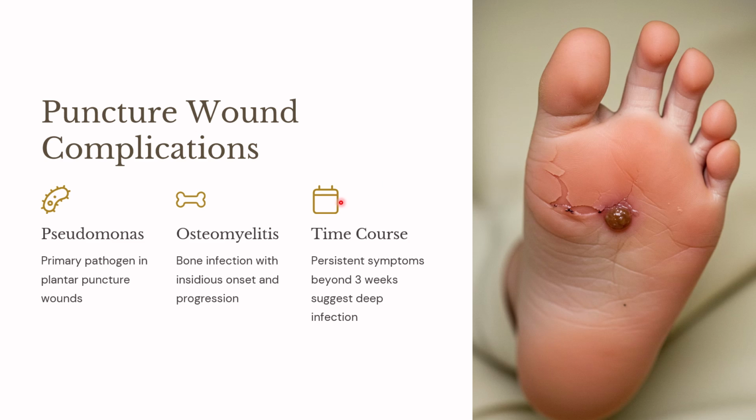You should know that when a wound has been present for more than 3 weeks, it suggests a deep-seated infection, likely involving the bone, due to osteomyelitis. So what is the most common organism in osteomyelitis? That is Pseudomonas. For diabetic foot ulcer, it will be polymicrobial, but for osteomyelitis, it will be Pseudomonas infections.